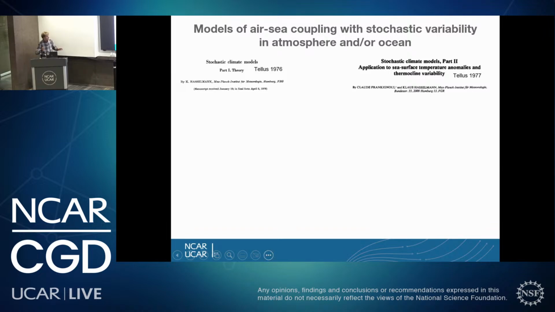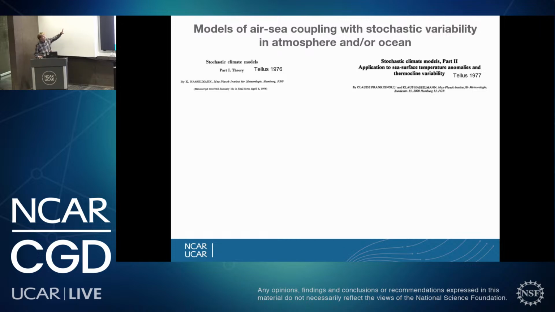And another framework I'm going to discuss here, and a few people in the room are very familiar with this, and actually Brian Medeiros mentioned this in an exchange talk. Hasselmann, who won a Nobel Prize for this and other work, was I think the first person to include stochastic theory in climate models.